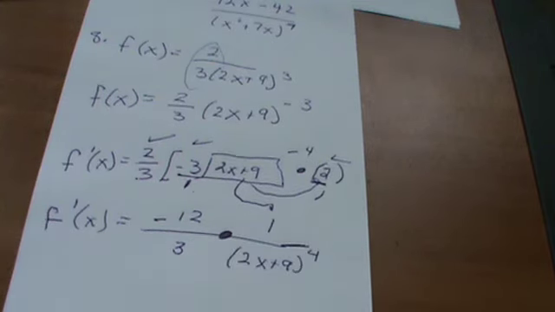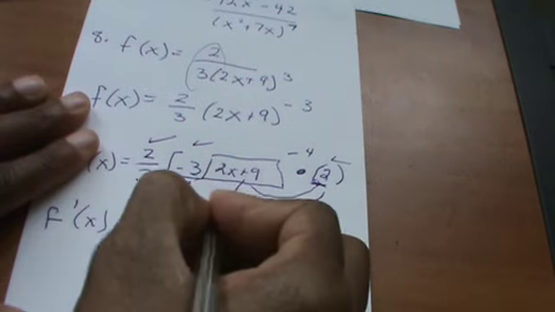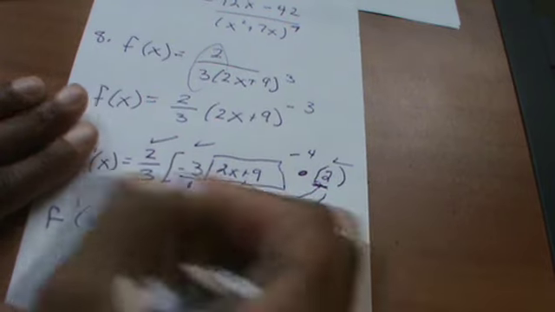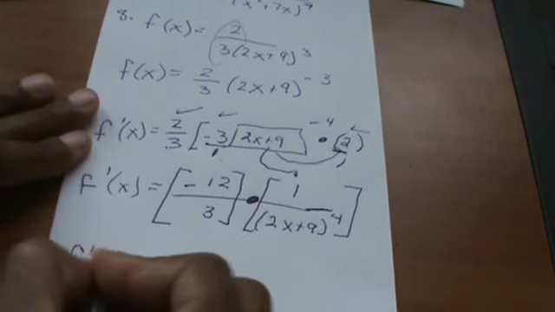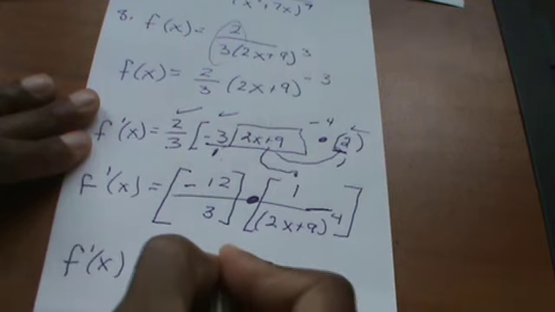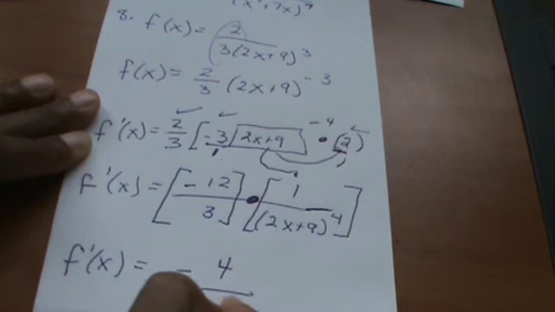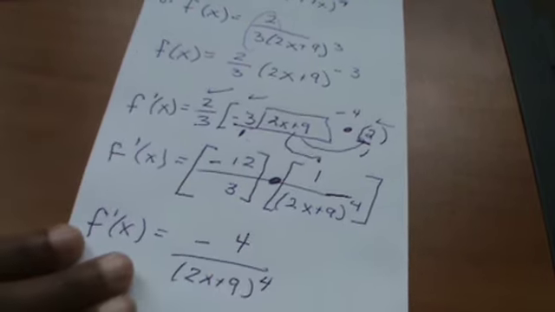Right? So let me separate these. That piece, multiply it by this piece. So then if I wanted to simplify that further, I could. F prime of x equals negative 4 over 2x plus 9 to the 4th power. Let me show that to you.